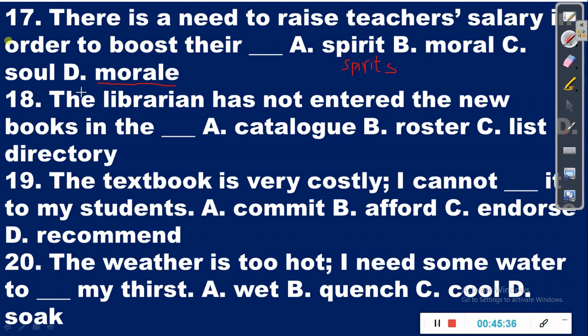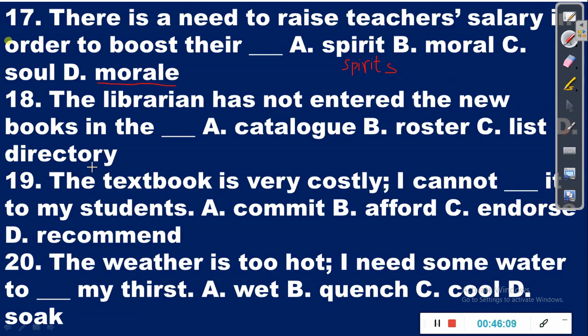So that's actually the appropriate word. Now, question 18. The librarian has not entered the new books in the dash. A, catalog. B, roster. C, list. And D, directory. Let's take this one by one. Now, option A is catalog. A catalog is a list of items, and of course, is relevant to a library, because you always talk of the library catalog.